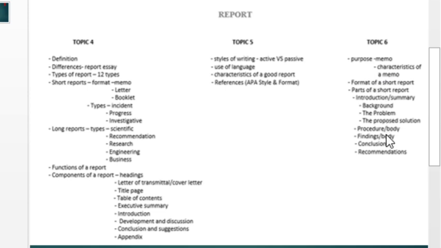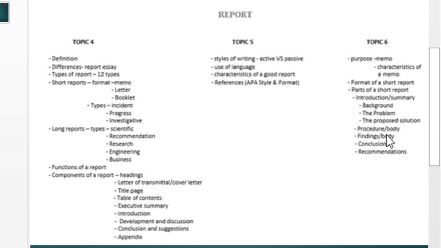Taking an example, suddenly you bump into a question about tenses, immediately you can remember the content of topic 5. Suddenly there's a question asking you about memo or parts of a short report, immediately you can remember that is topic 6. If there's a question asking you the definition of a report, then you can remember the content in topic 4, right?